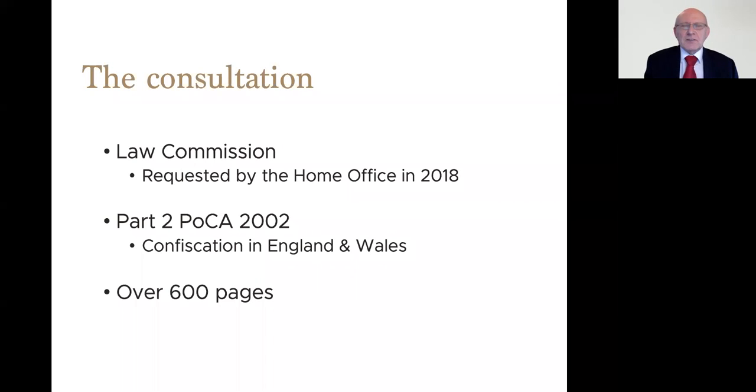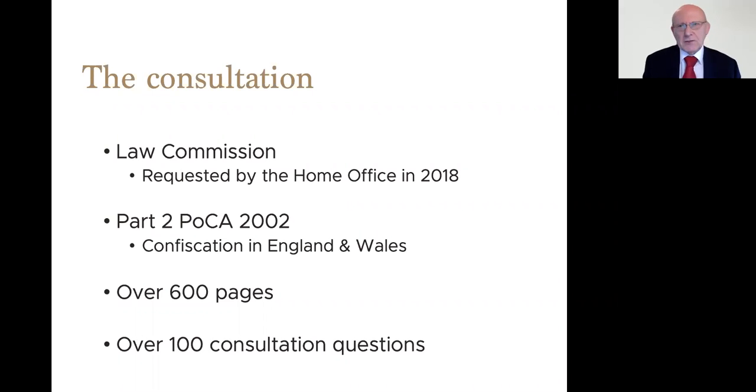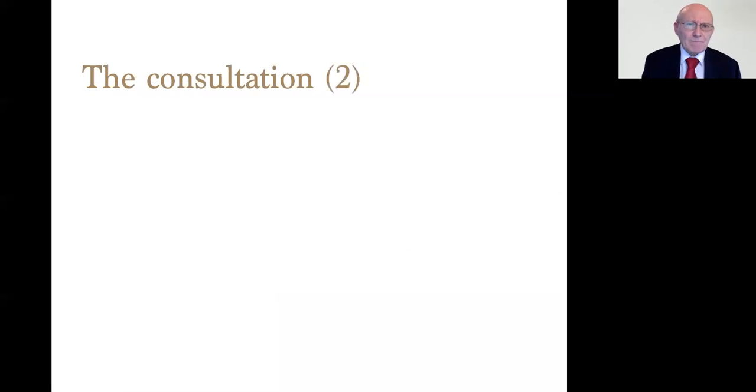The consultation paper runs to over 600 pages, over 700 pages if you include the questions. And there are over 100 consultation questions which you're invited to answer. Having said that, you're not invited to answer all 100 consultation questions if you don't want to. You can pick and choose the bits that you want to respond to.